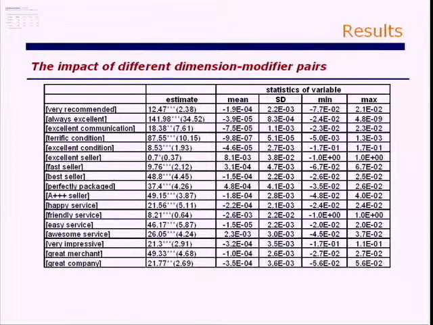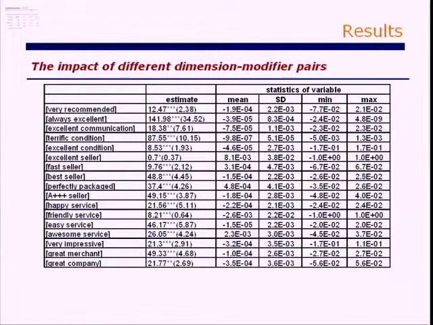So what we've done here is that the variable contains the score of the seller on a particular dimension modifier pair. And then we take the difference of that score and the corresponding score of the competing seller who did not make the sale, which is why some of these have negative means.